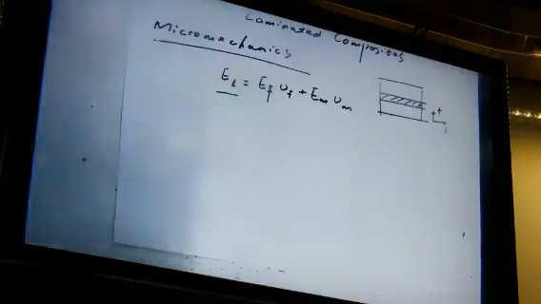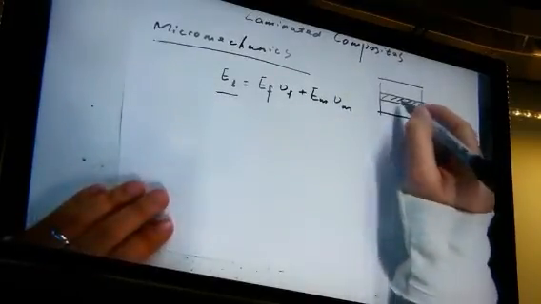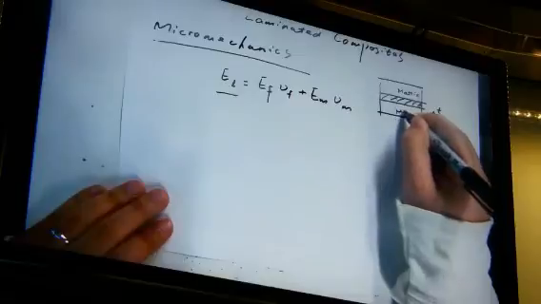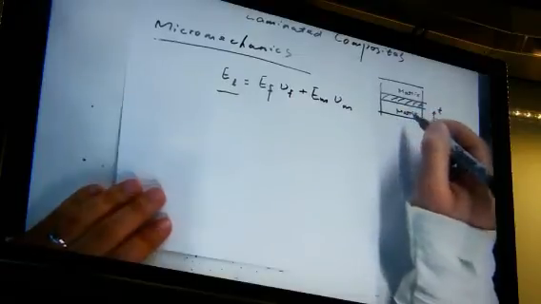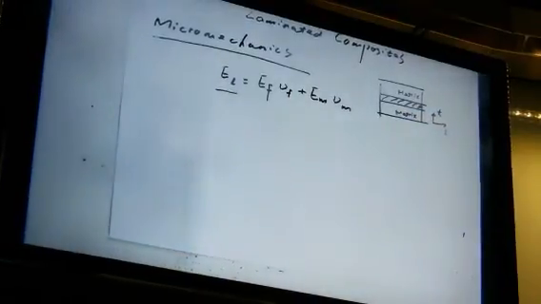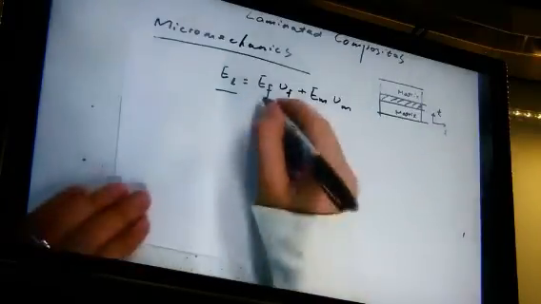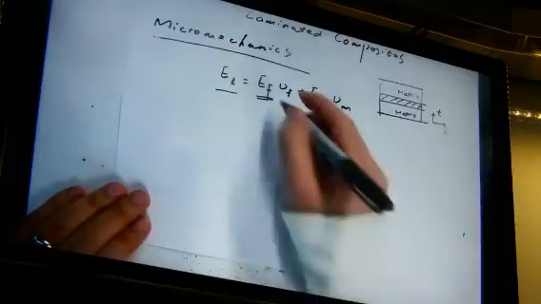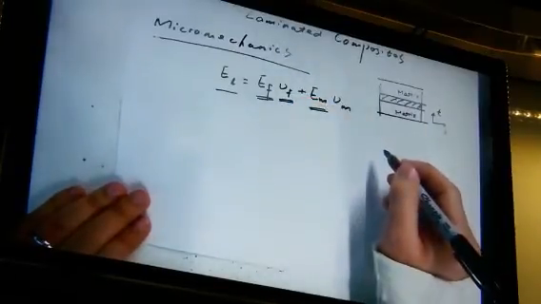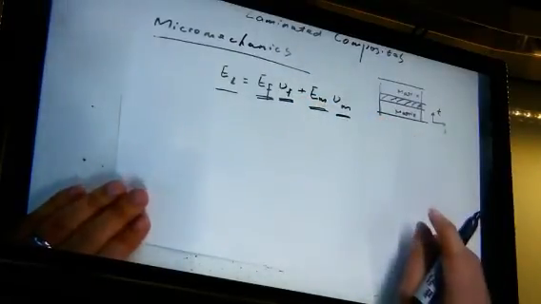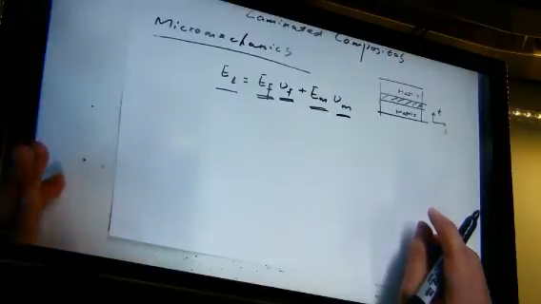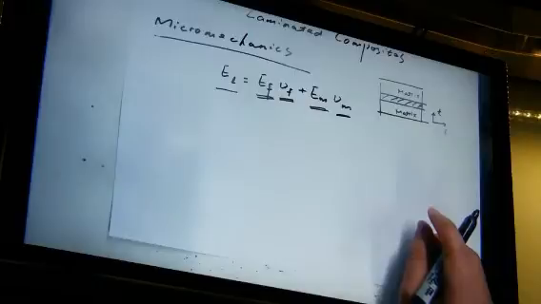Because you are trying to combine a filament and a matrix to form a composite, the modulus has to be formed from the modulus of the filament and the matrix. So this is the modulus of the filament, this is the modulus of the matrix, and these are the volume ratios of the filament and the matrix. You did this in homework. It's very easy. Just calculate the volume ratio and plug in, and you get the modulus of the composite.